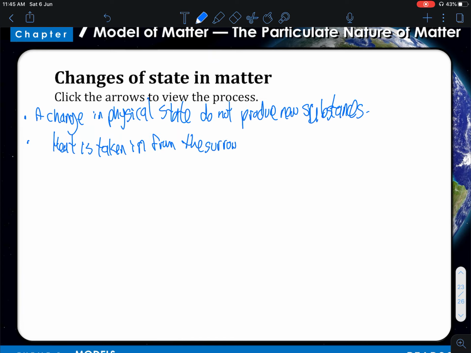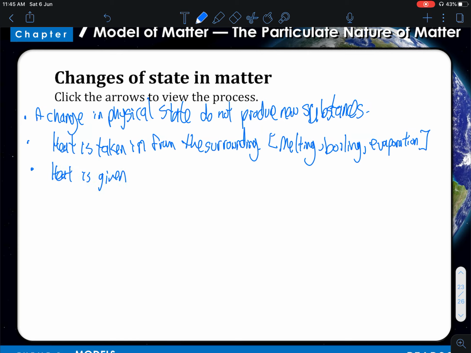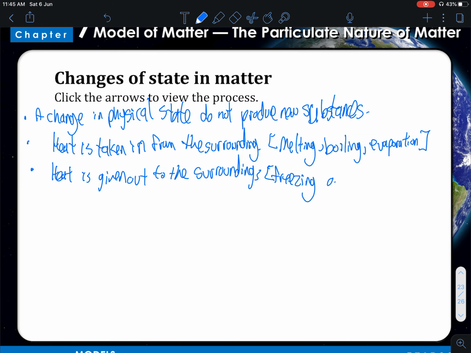So you either absorb heat, and this only occurs when you are undergoing melting, boiling, or evaporation. Okay, heat is given out to the surrounding when it undergoes freezing and condensation.